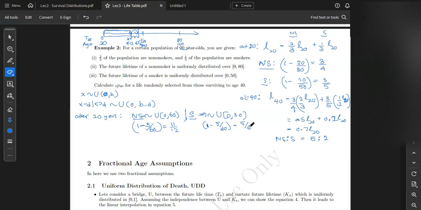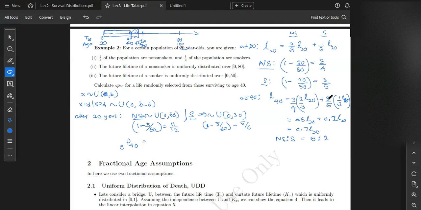And here 1/6 part will be removed from the population as deaths. So without any other cases, we can find the survival probability of this population from age 40 to 5 more years directly. Because if we get the proportion, both numerator and denominator always contain l20, so we don't need to depend on that because we can cancel it out. Eventually we are dealing with the ratios or the fractions.